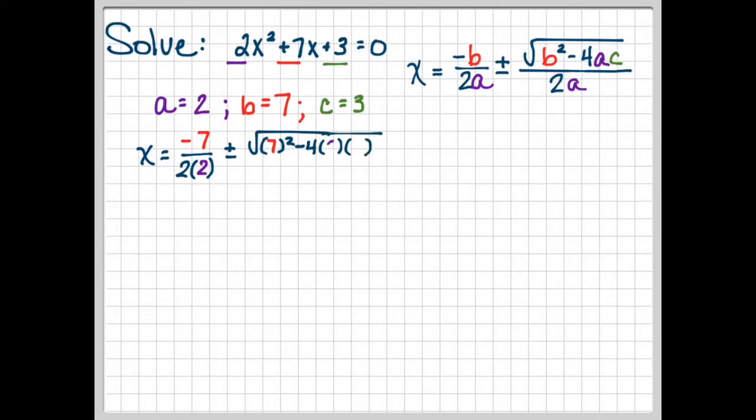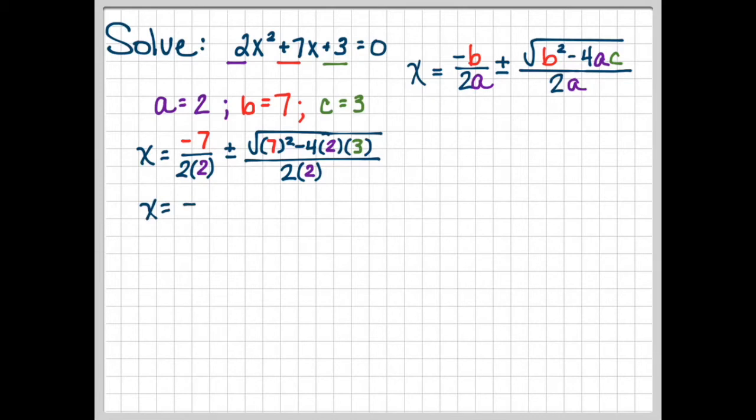A is 2, and c is going to be positive 3. That whole quantity over 2 times a, and we know that a is 2. So from here we just go ahead and simplify.